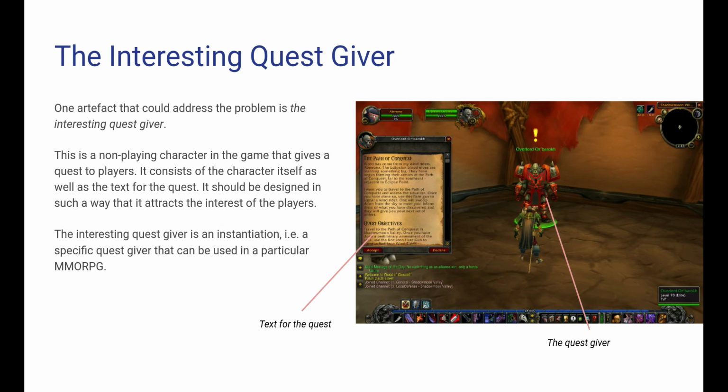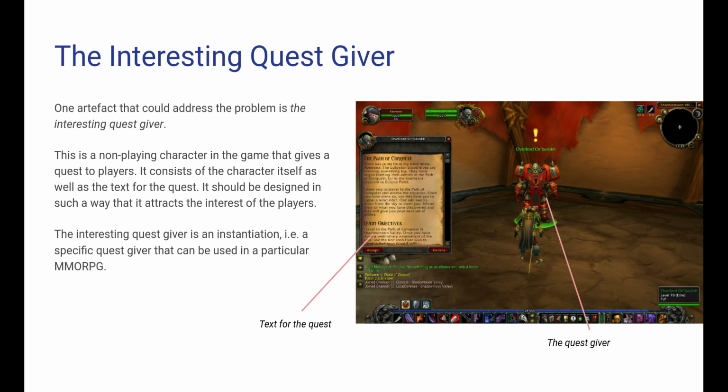Well, one idea to address this problem is to construct an interesting quest giver. By the way, this idea was also the topic of a thesis at our department. A quest giver here is a non-playing character in a game that gives a quest to players. And it consists both of the character itself and the text for the quest.